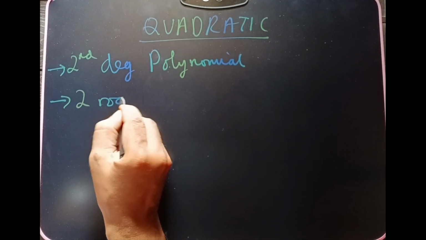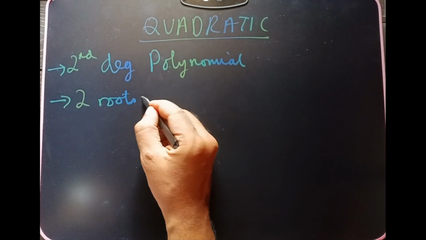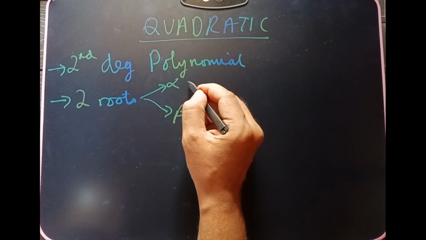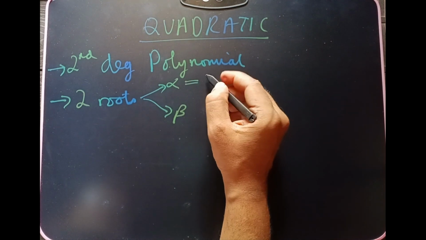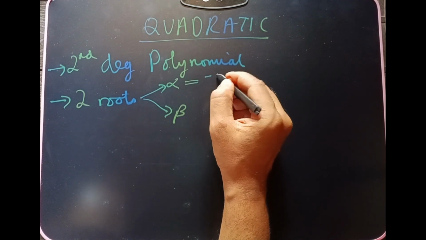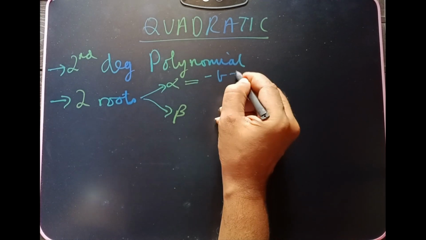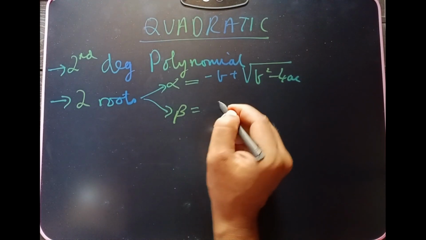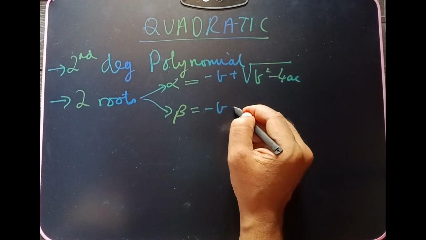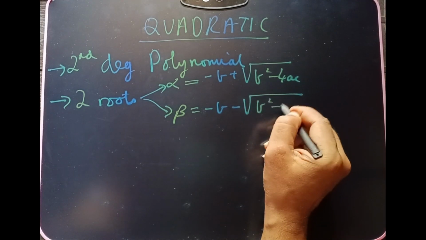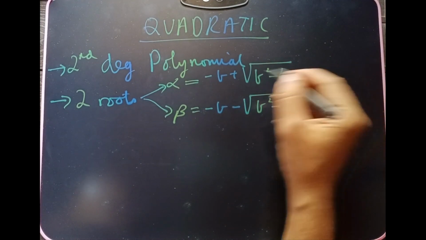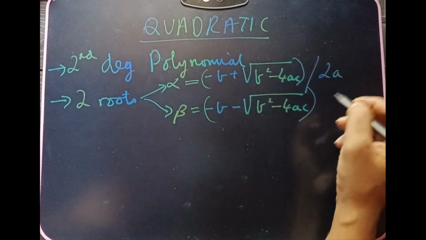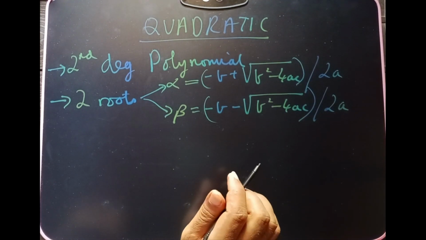We will get two solutions, and those two roots are called alpha and beta. Then we have seen the equation for alpha as minus b plus square root of b square minus 4ac, and beta is minus b minus square root of b square minus 4ac. This full thing will be divided by 2a, 2a here as well.